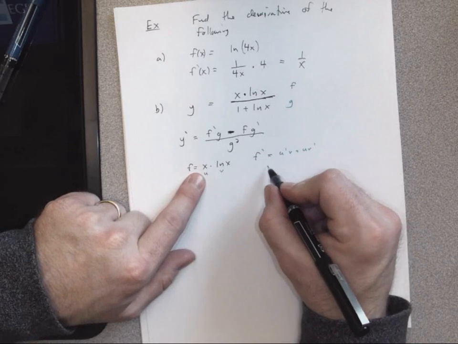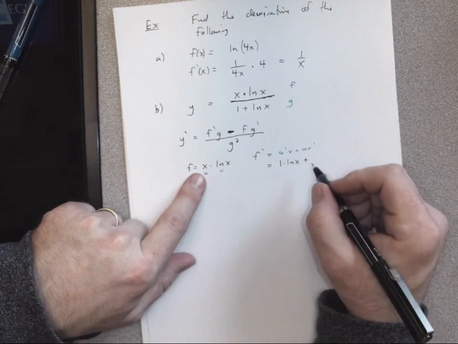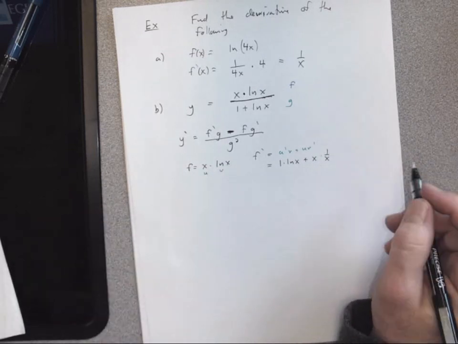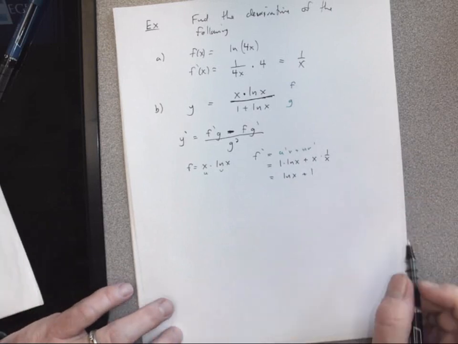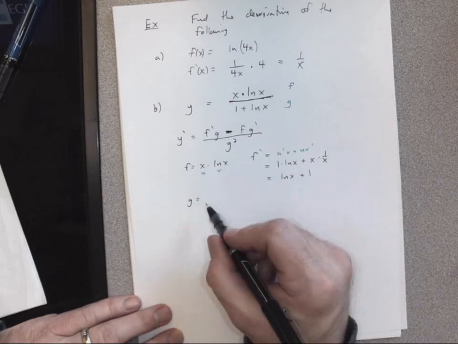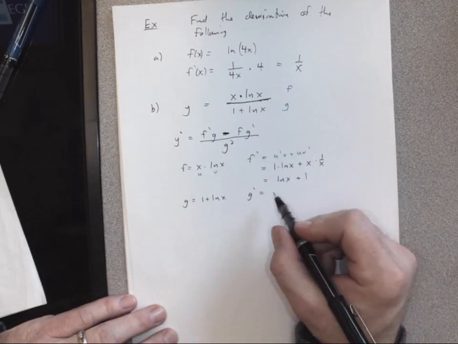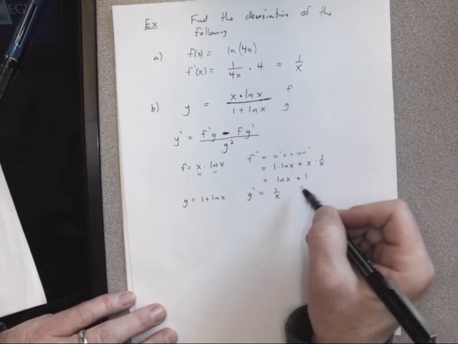So the derivative of the first times the second plus the first times the derivative of the second. So what this is going to be is the natural log of x plus 1. Now we know that if g is equal to 1 plus the natural log of x, then g prime is going to be the derivative of 1 is 0, the derivative of natural log is 1 over x. So now we can fill in the blanks up here.